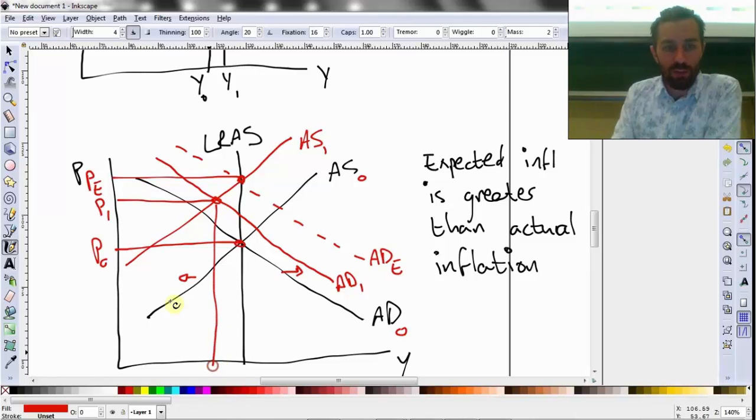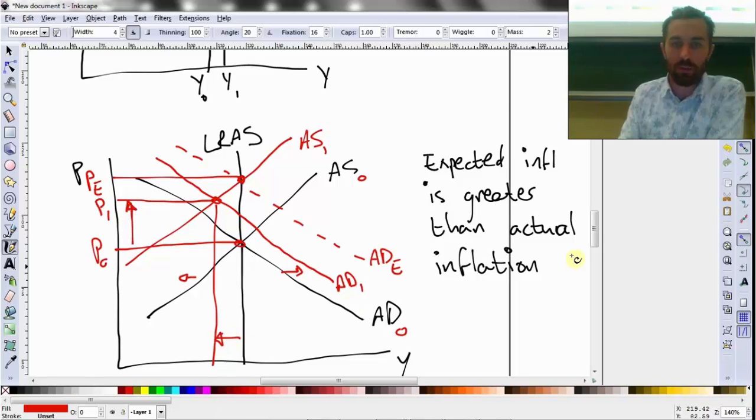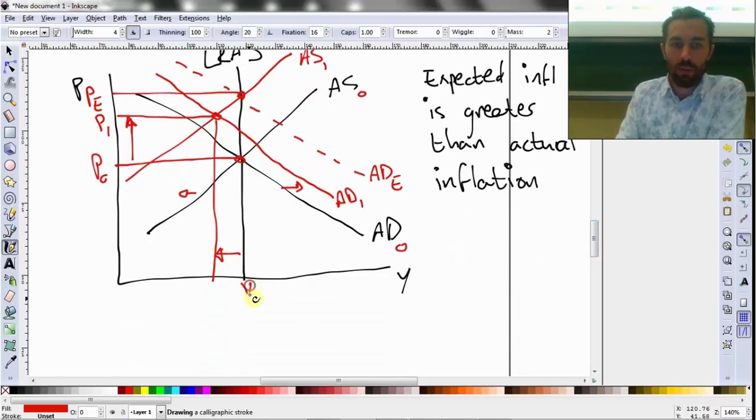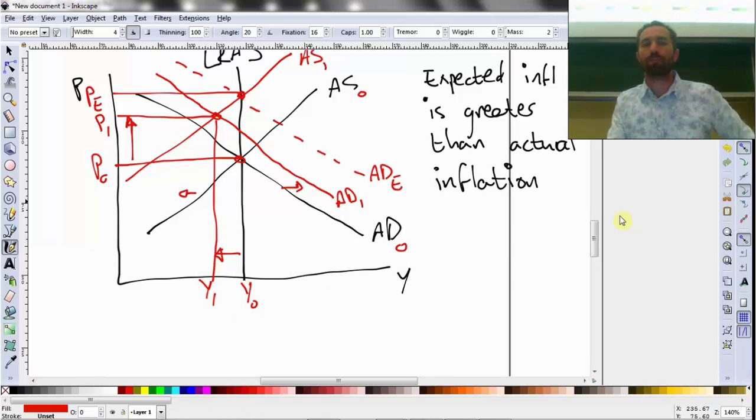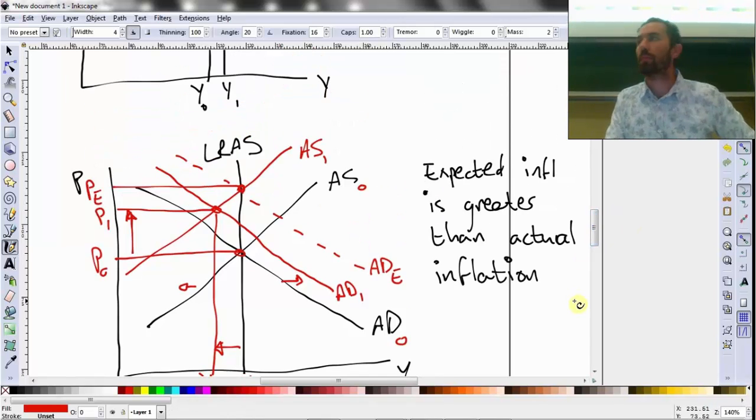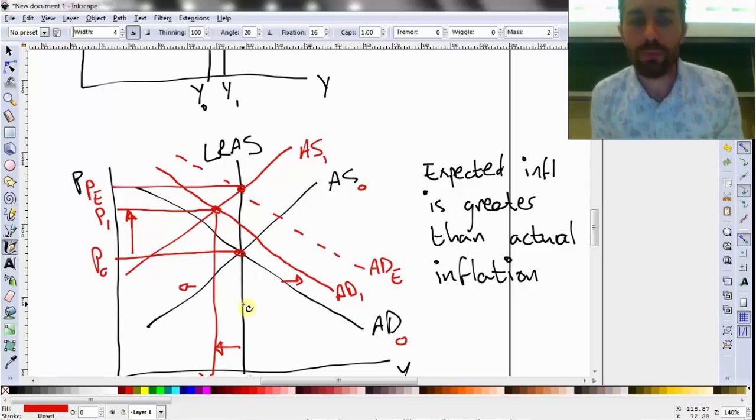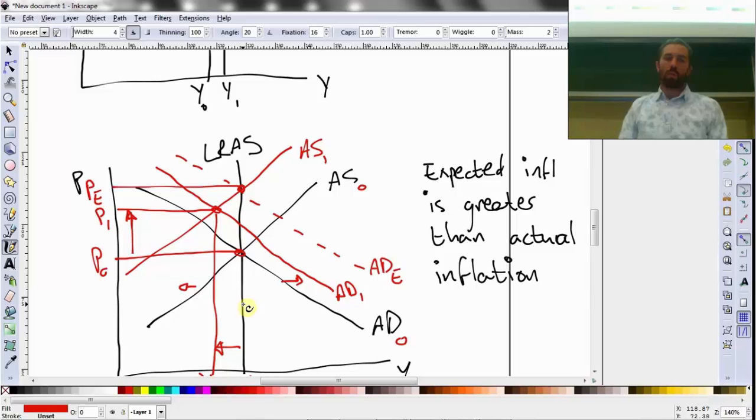We've got inflation, prices have increased, but we've also got a decrease in output. Our output has decreased from Y0 to Y1. We've got an increase in prices with a decrease in output. That is how we would characterize something like stagflation.